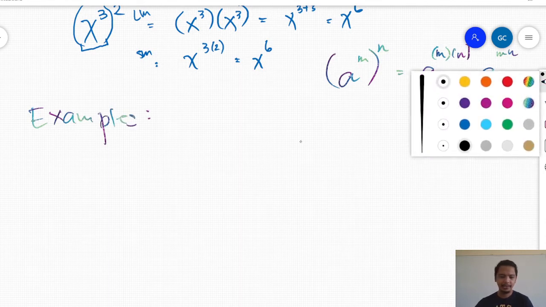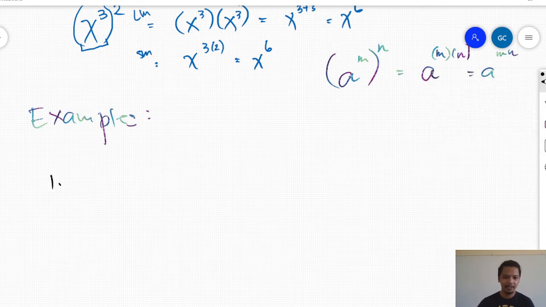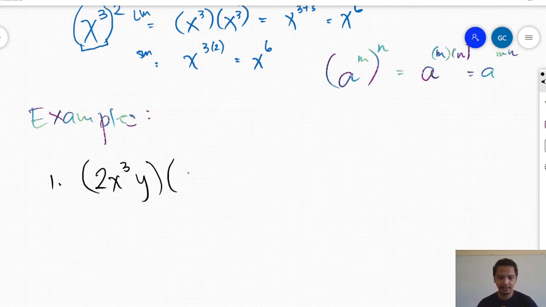So, let's say binigyan tayo ng mahirap-hirap tingnan na number. Halimbawa, binigyan tayo ng 2x raised to 3y. Tapos, i-multiply natin yan sa isa pang number which is, let's say, 2 raised to 2y, y squared.